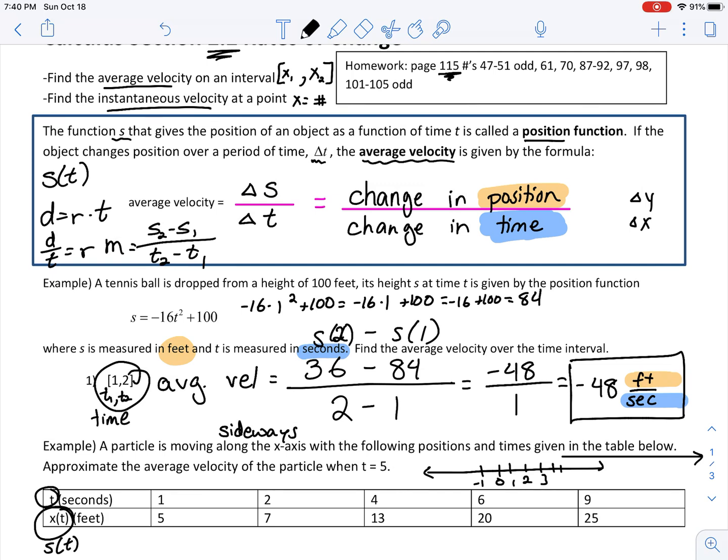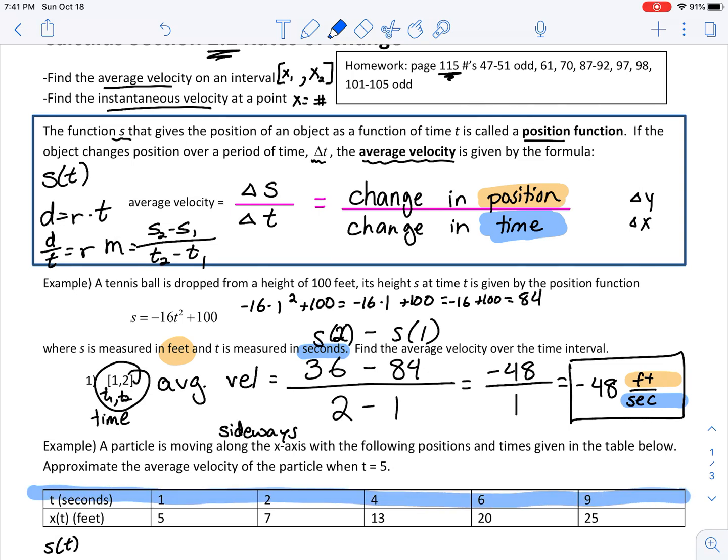We want to approximate the average velocity of the particle when t equals 5. So let's look at where t equals 5. That would be the first row, that is time. Where is 5? 5 is halfway in between 4 and 6. That does not mean that the velocity at t equals 5 is actually halfway in between those.